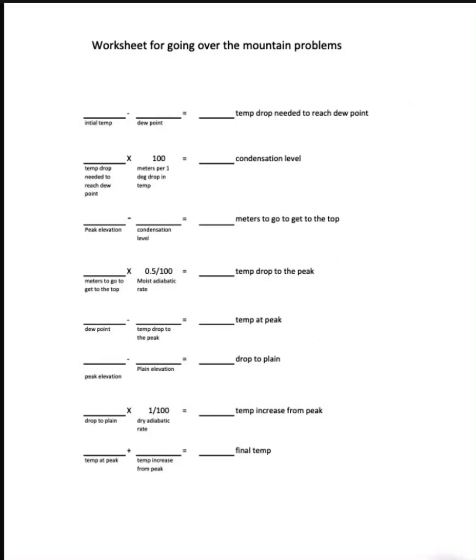All right, let's try another example here of these going over the mountain type problems with adiabatic expansion temperature changes. So let's say we had an initial temperature of 31 degrees and we had a dew point temperature of 18 degrees.